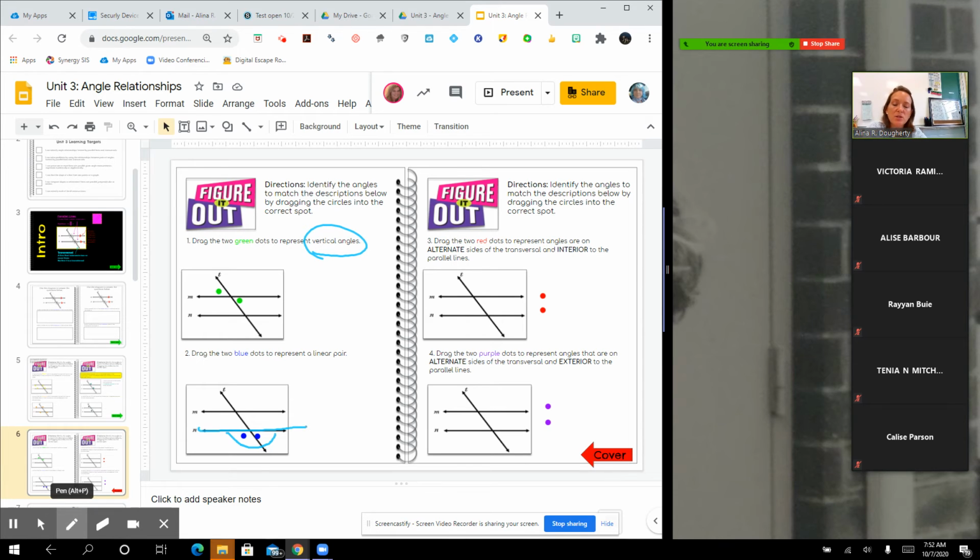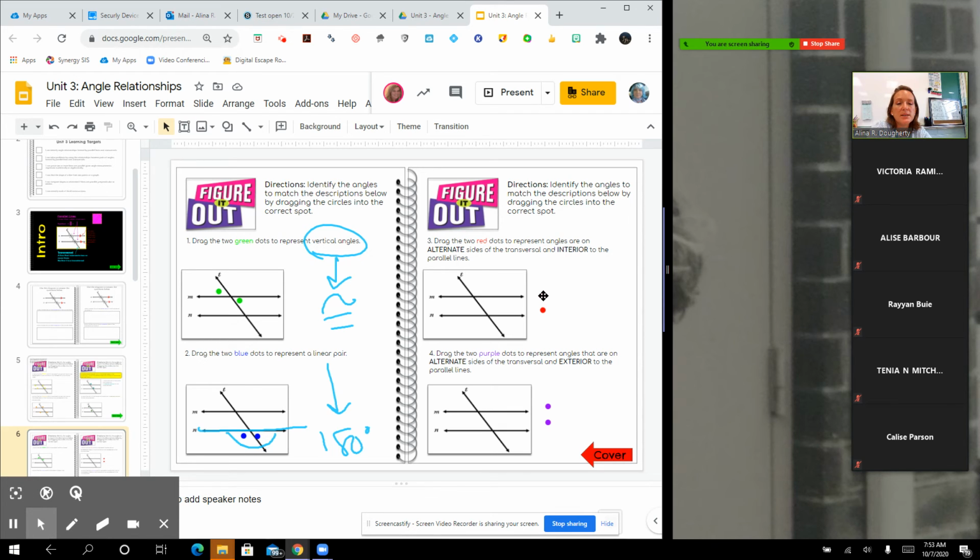N is a straight line, so those two angles are going to add up to 180. So if you can add text, I would say write 180 there. Linear pairs are always going to equal 180 degrees. Vertical angles are always going to be congruent. So if you can add those two notes there, that will be very helpful in the long run, I think.